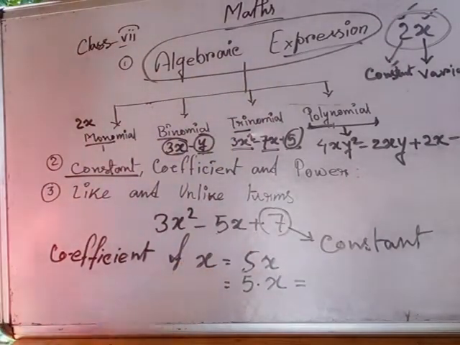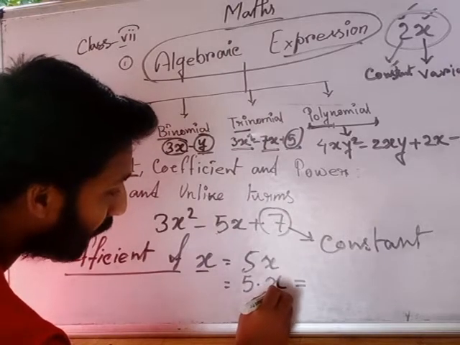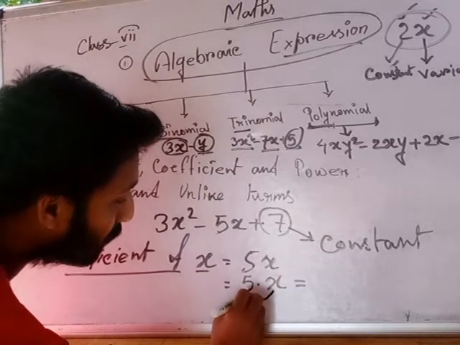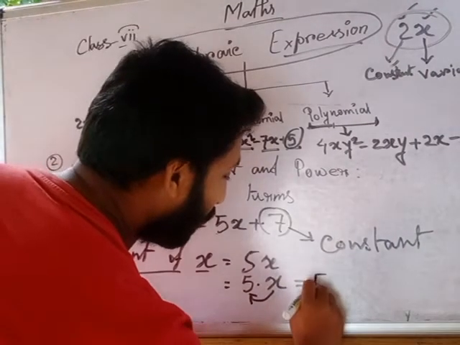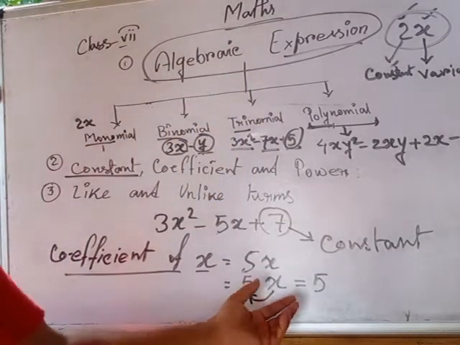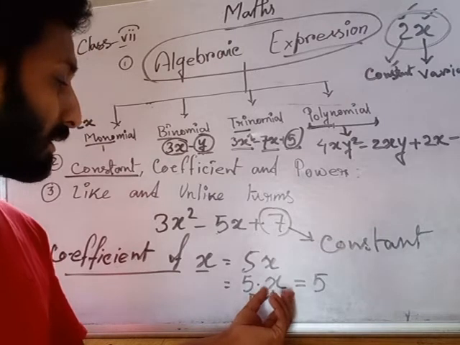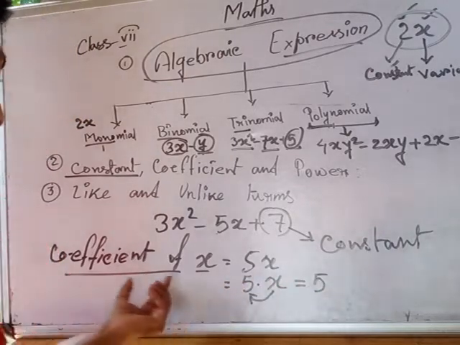The coefficient of x means the number along with x, along with a variable, that is called the coefficient.